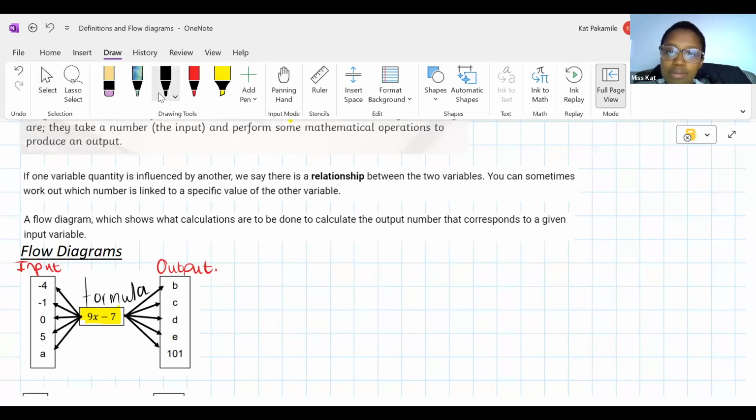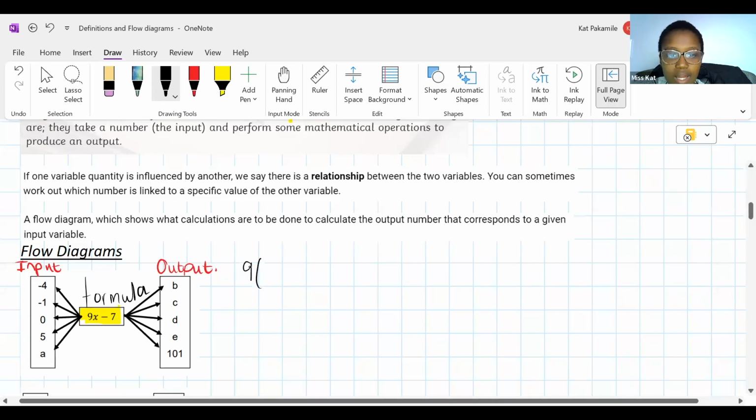Okay, we are doing substitution. If you remember, we did substitution already when we were doing algebraic equations and expressions. So in this case, the one way we're going to find this out is to do substitution. So we're going to input -4.